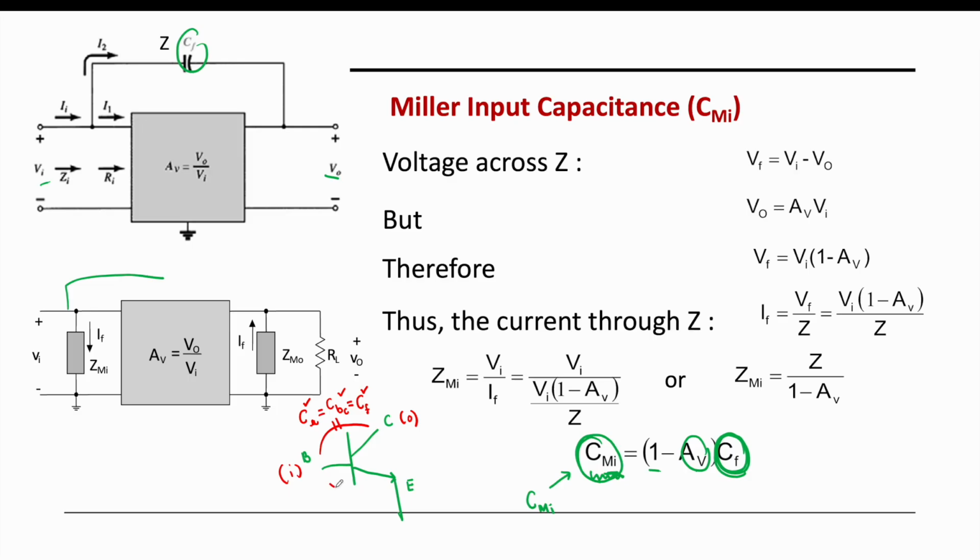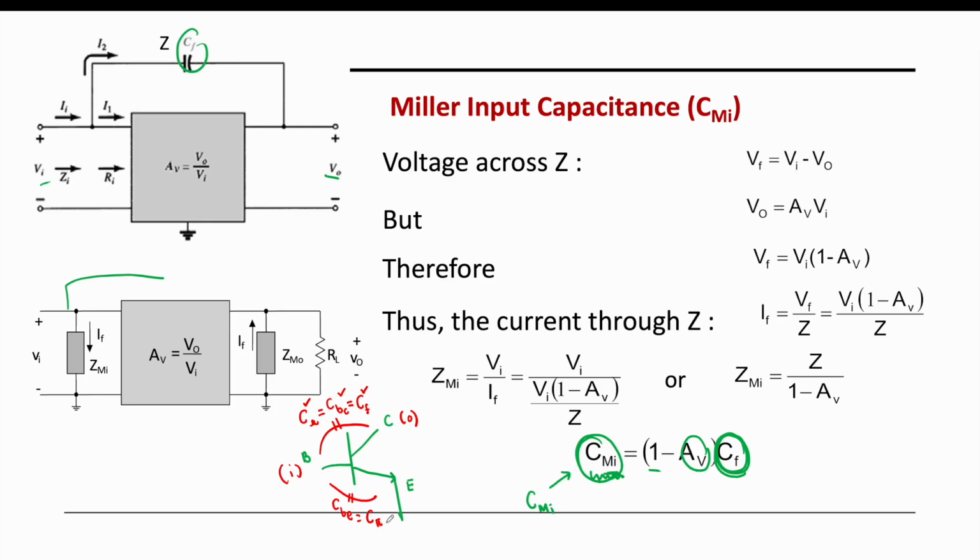Whereas between the B and E junction of the BJT, the capacitance is noted as CBE, base and emitter. However, in some books, they give the symbol as C pi.